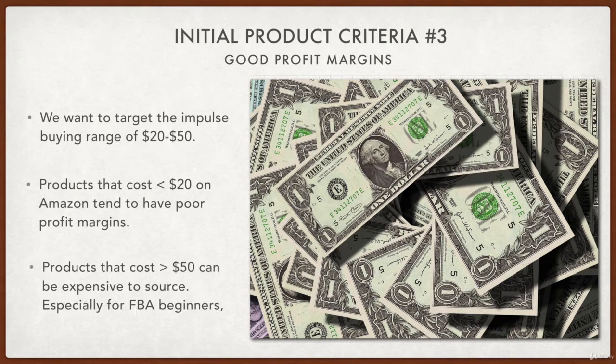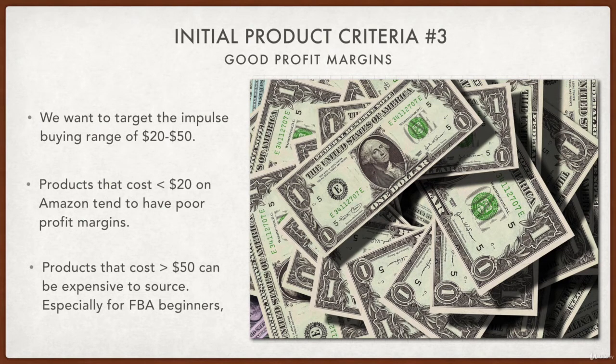However, there is one issue, and that is that for the vast majority of FBA sellers, sourcing products that have a price point of say $60 on Amazon from China is simply going to cost too much. For example, let's say your supplier has a minimum order quantity of 500 units, and they charge $25 per unit at that order quantity.